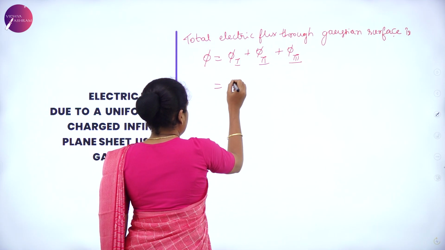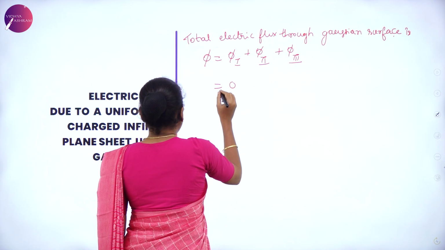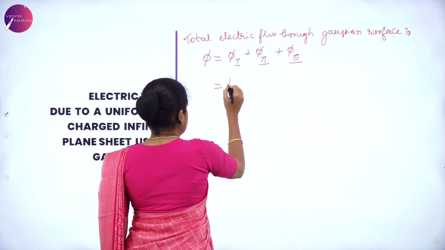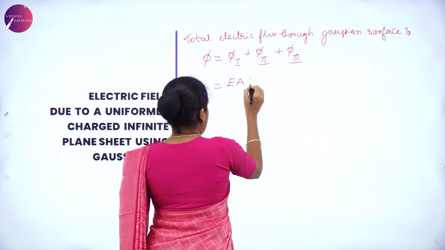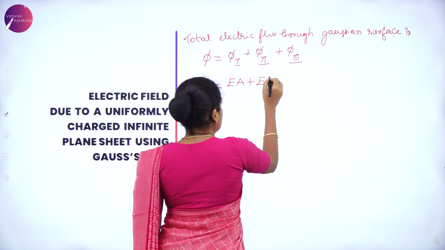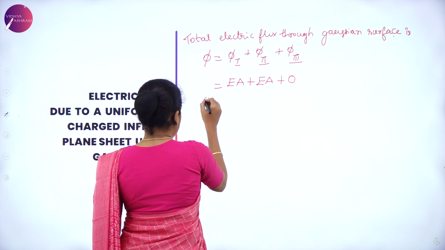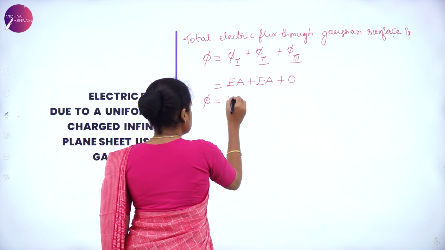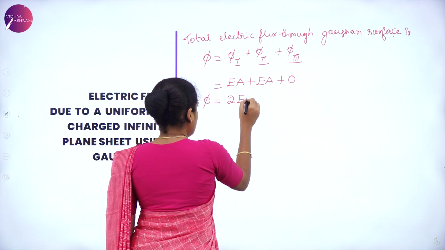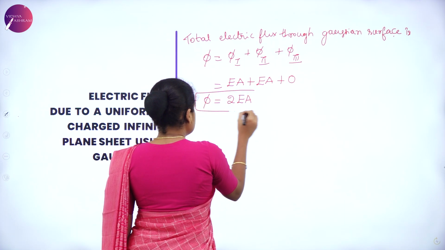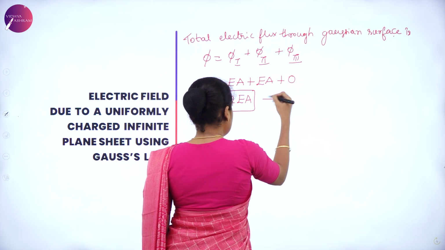The value of phi 1 is EA. The value of phi 2 is also EA. But phi 3 is 0. So, the flux through the Gaussian surface is 2EA. Consider this as equation 1.